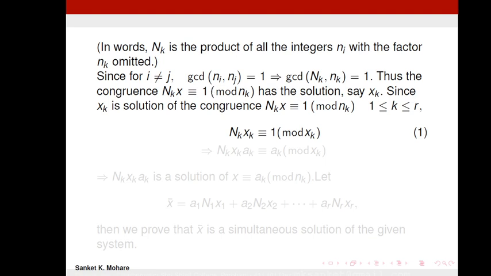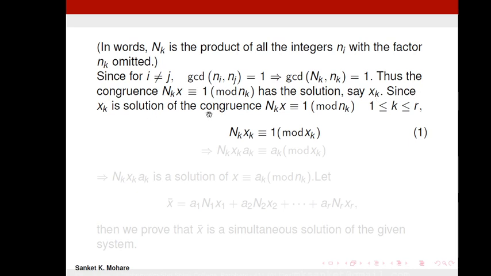This implies gcd of capital Nk comma small nk is equal to 1, and as this gcd equals 1, the congruence capital Nk x is congruent to 1 modulo nk has a solution, say xk.